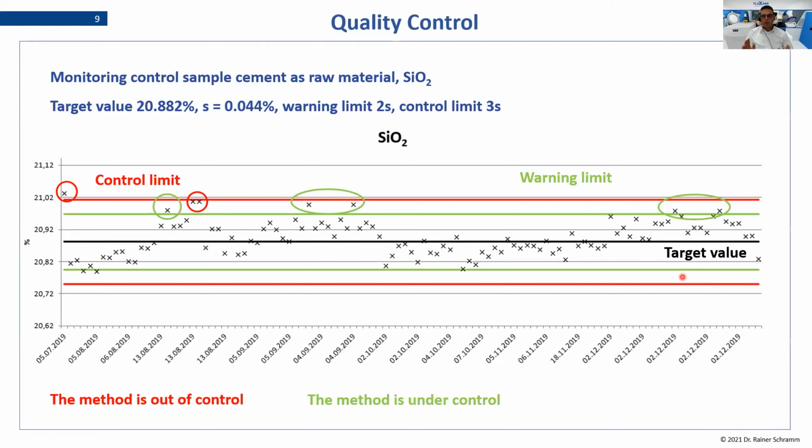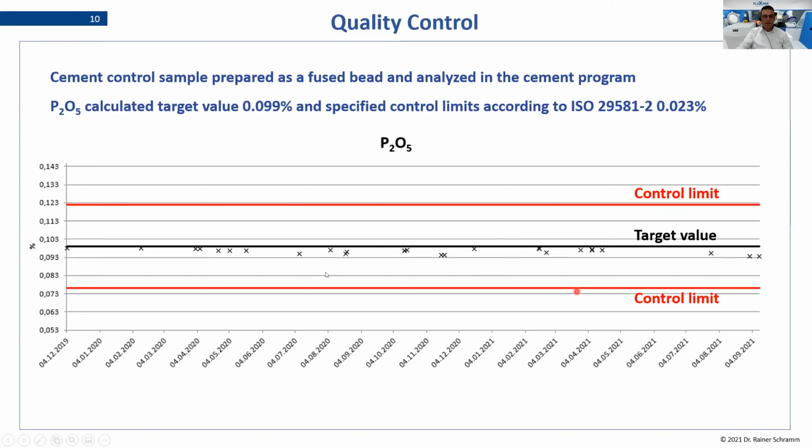These are the 2 extreme situations you have to take into consideration when you build up your quality control system in your laboratory. And the problem will be if these limits are too small, you will have very often the situation method is out of control. If they are too far away, like here, you will not see really a trend, and you will have here even outliers, but they are still inside the limit.